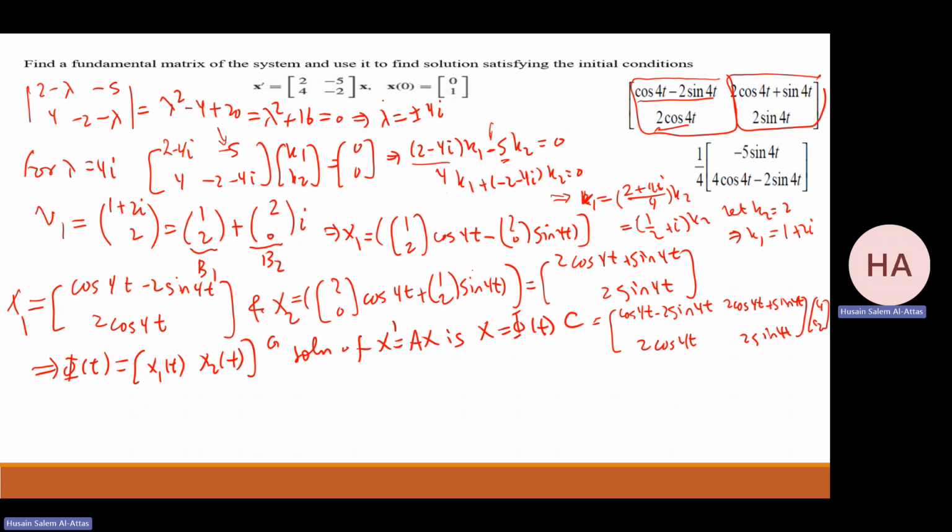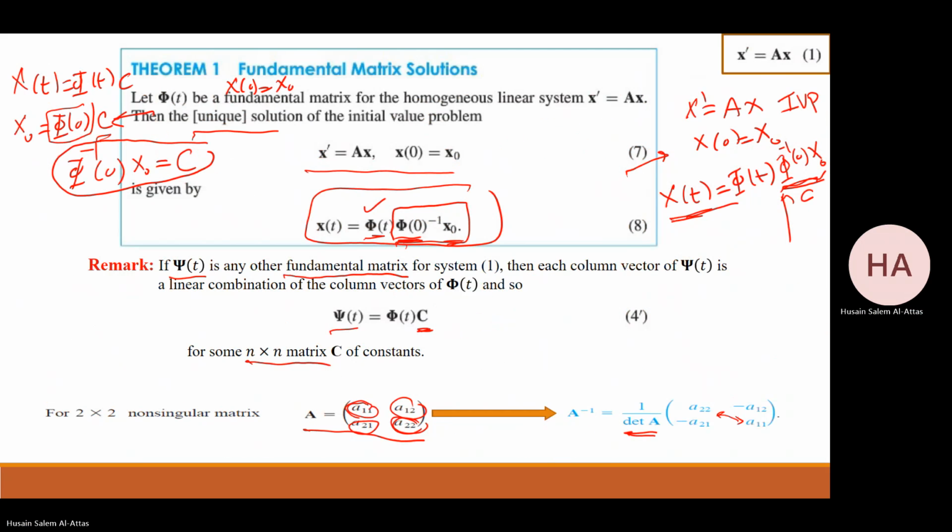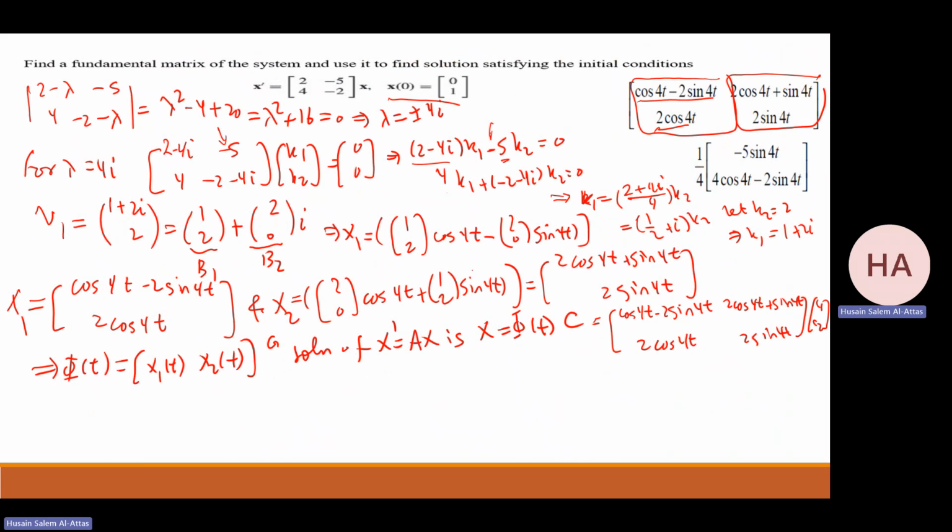Now you have the initial condition to find the constant. As I said, either you apply it right away and solve the equations for c1 and c2, or you can do it using the formula. You find c and then multiply it by Phi of t, and that's it.